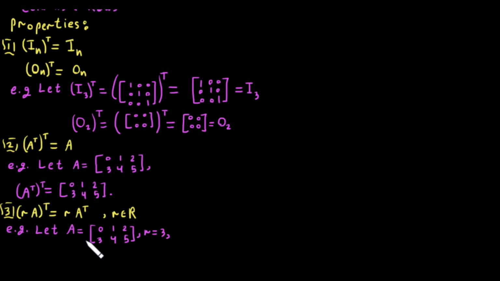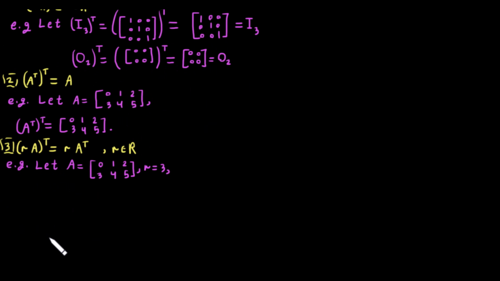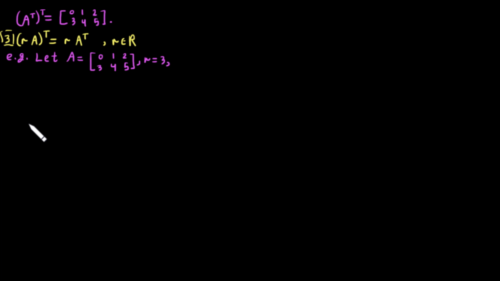Then let's go down a little bit. So here, if I substitute R equal 3, so 3 multiplied by A, and the whole thing transpose.